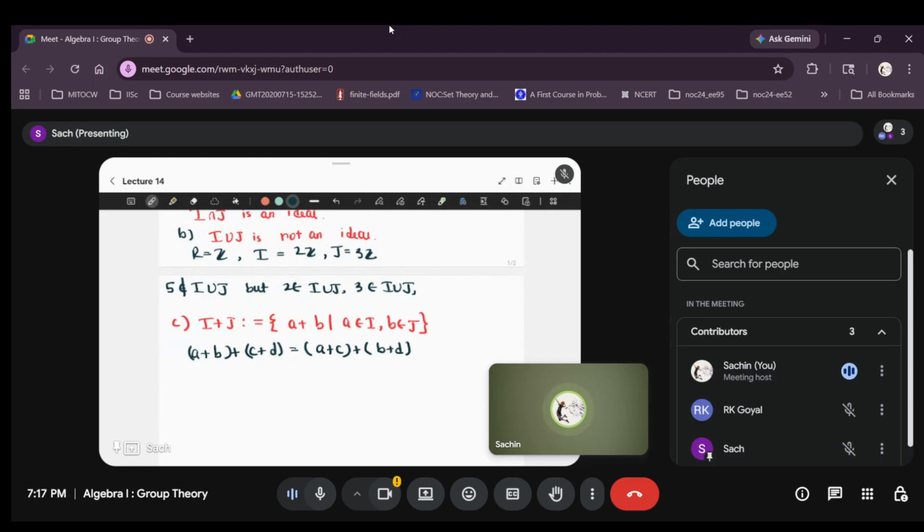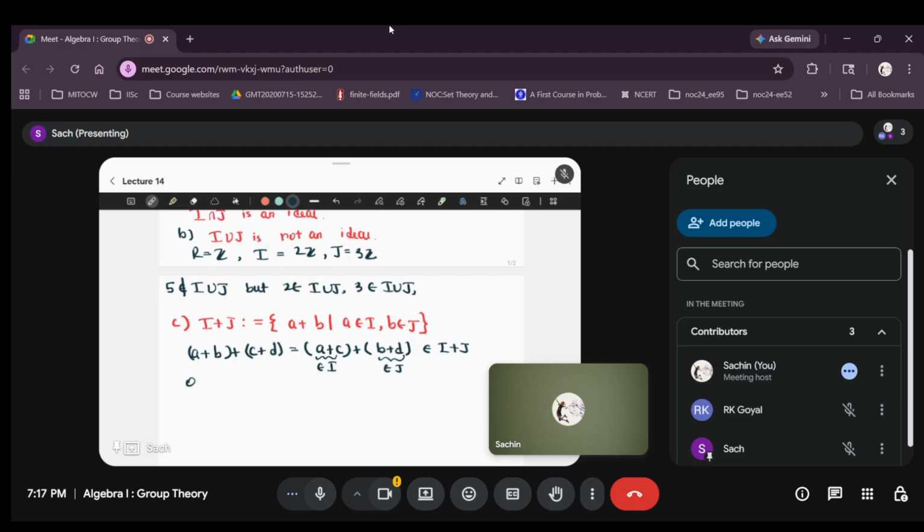Since I and J are ideals, A plus C is an element of I because A and C are elements of I. Since I is an ideal, it is also a subgroup under addition, so it is closed under addition. Similarly, B plus D belongs to J. So the sum of two elements in I plus J belongs to I plus J. So it is closed.